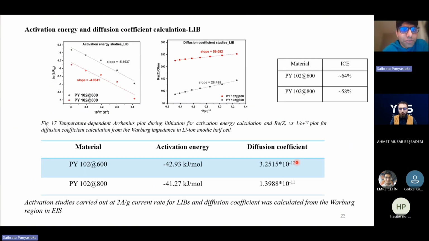And I did more studies to understand the activation energy. What you do for activation energy is basically an impedance study at different temperatures. So I do 20, 30, 40, 50, 60, and record at those temperatures.